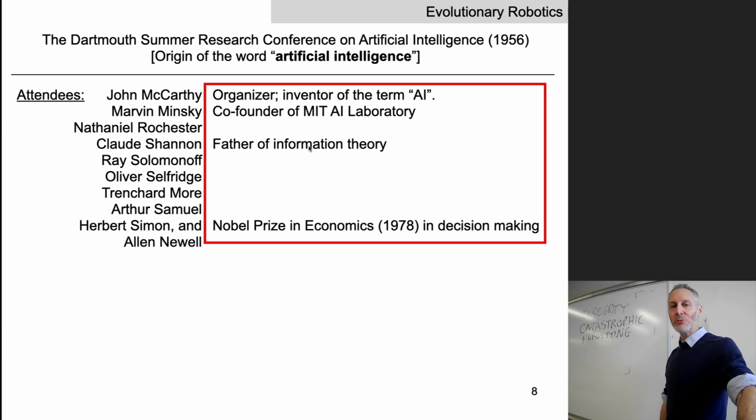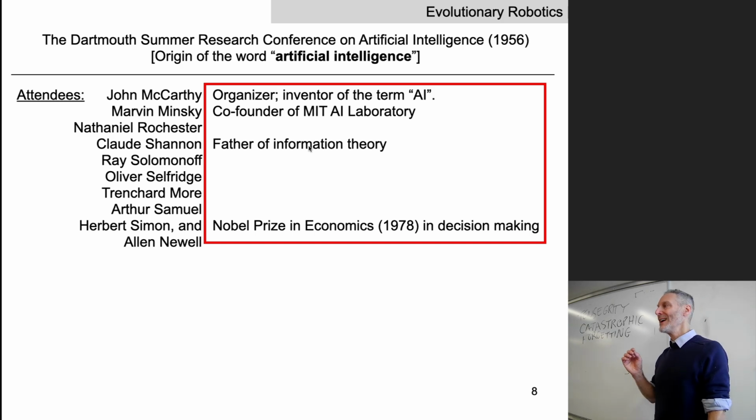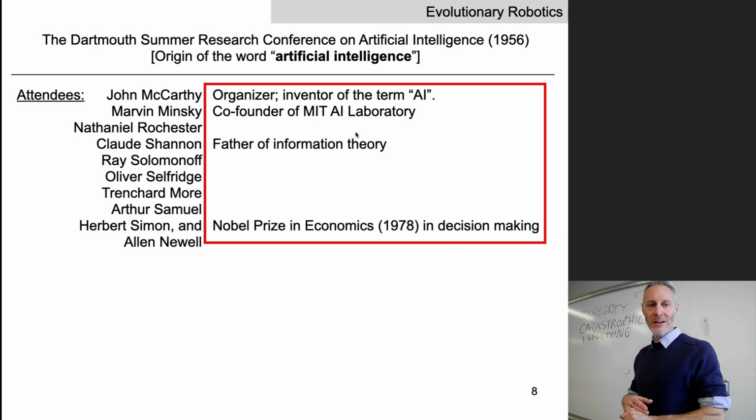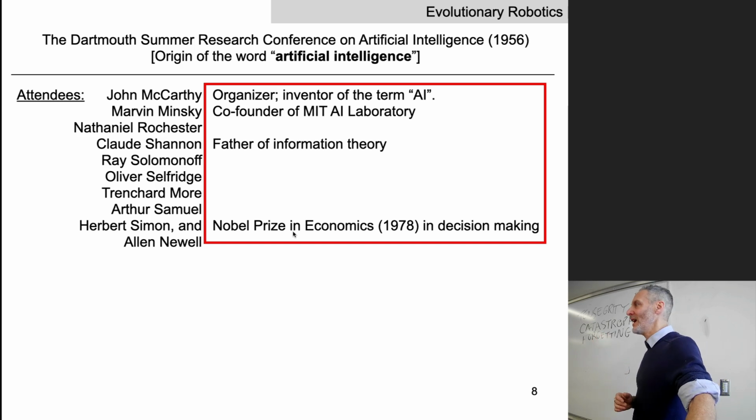He was the one that actually wrote down a formal definition, not for intelligence, but for information. What actually do we mean formally by information? We live in the information age. Turns out you can formally define it, and that paved the way for telecommunications and then for the internet. Herb Simon went on to win the Nobel Prize in economics. If you're interested in the history of AI and history of science in general, worth tracking down these names.